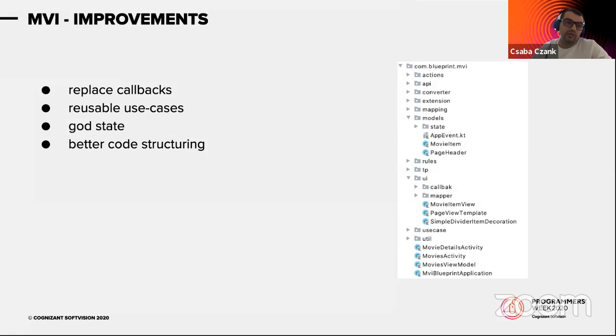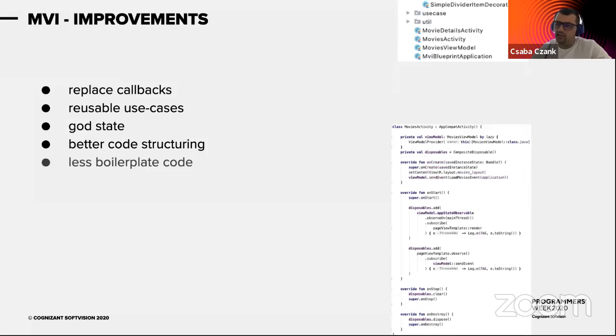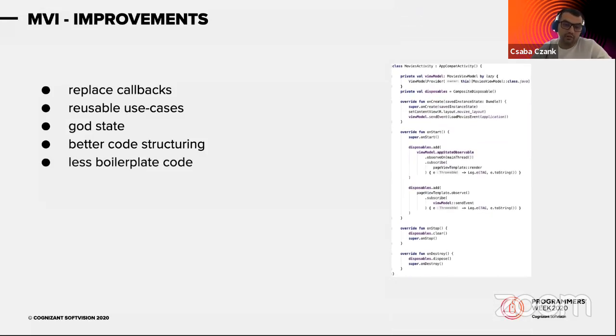Here we refer to the use cases and actions, which we can divide into packages based on features. And the last improvement we thought about would be to reduce the boilerplate code, such as the initial setup from the activity and the view model.